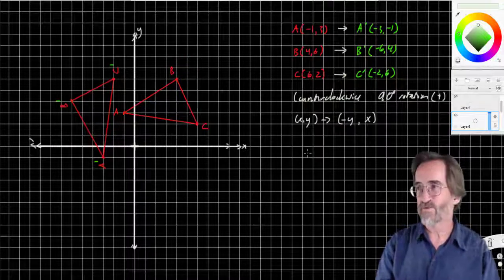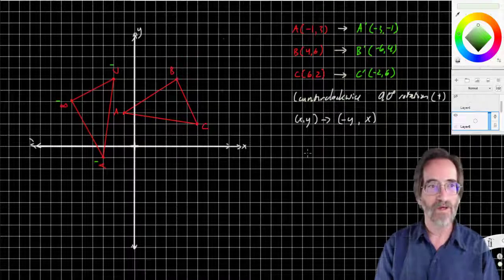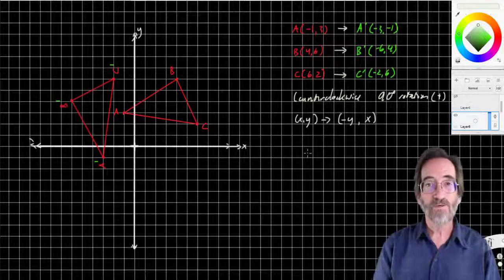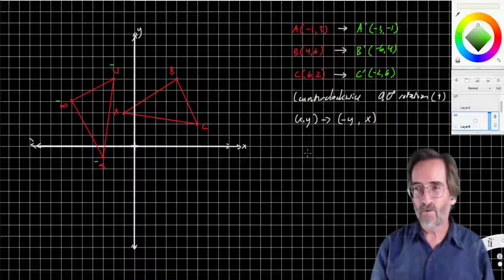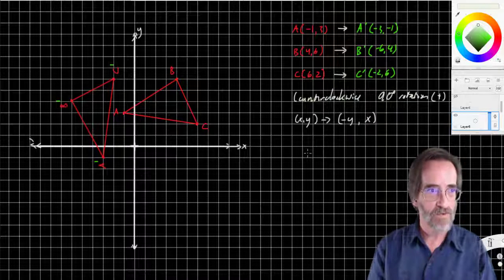If it was negative, it's positive. If it was positive, it's now negative. All right, so that's how you do a 90 degree counterclockwise rotation.